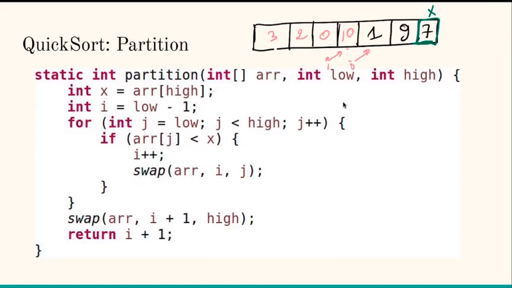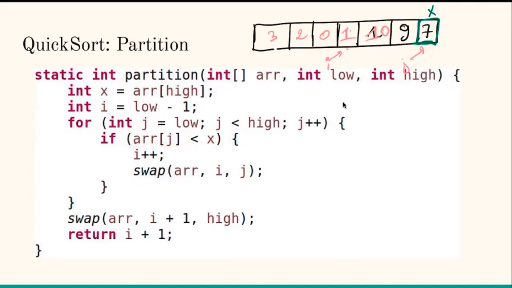So we will swap 1 and 10. So we have 1 here, and we have 10 there. And then G will move there, okay? And then we compare G, 9 and 7. This condition does not hold, right? So G will go there, and the loop will end.